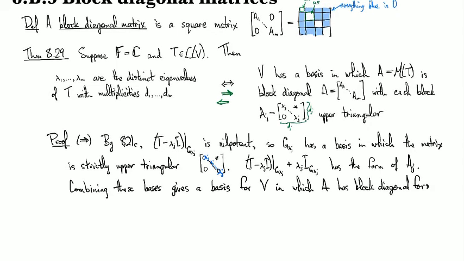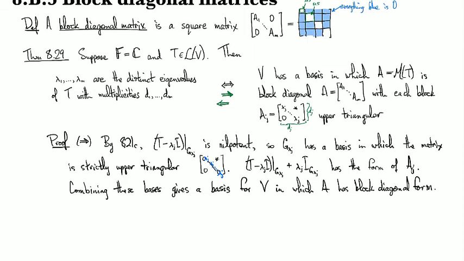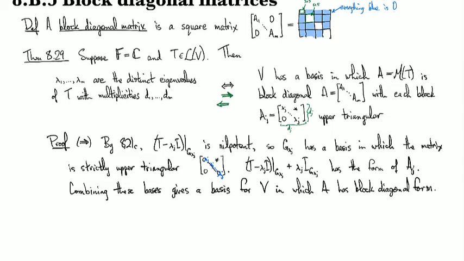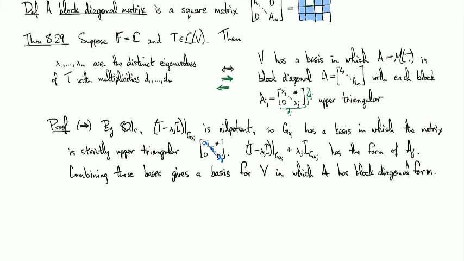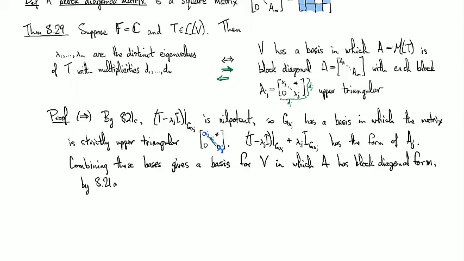We get a basis because, as we talked about before, the generalized eigenvectors for different eigenvalues are linearly independent, right? So this is leaning on 8.21a also.